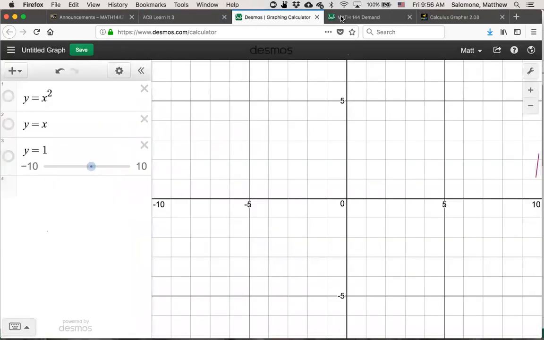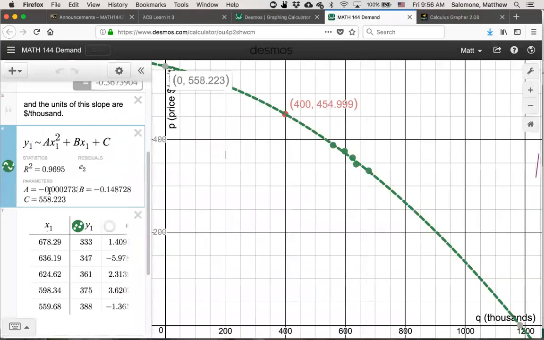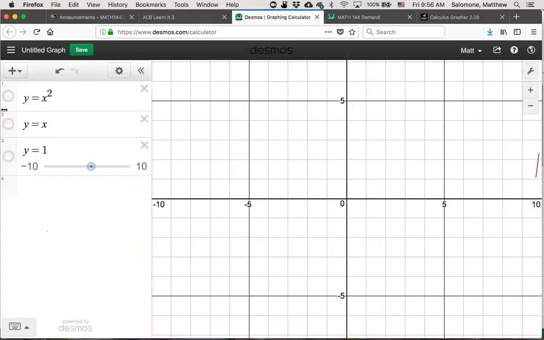So to find a formula for the marginal demand, in other words the derivative of a function with these three pieces added together, I need to know how to take the derivative of the x squared piece, the x piece, and the constant piece. I can take those derivatives piece by piece and then piece them back together. That's what the linearity of the derivative does for us.